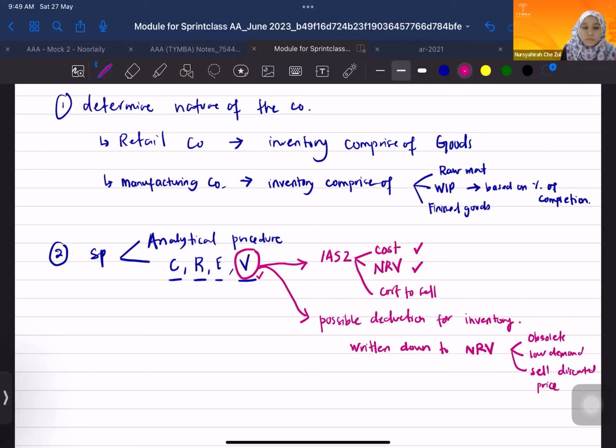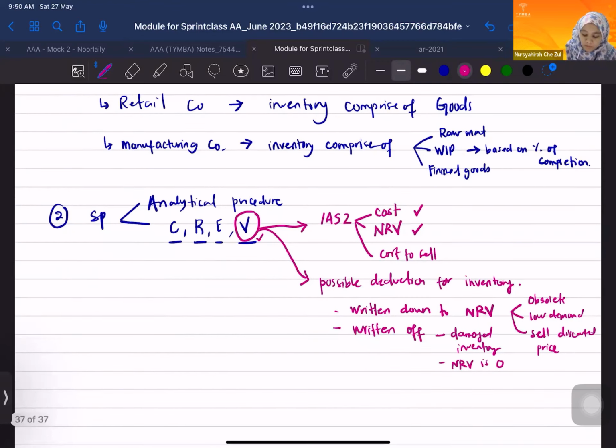So now the value has gone below the cost. What else? Maybe certain inventory should be written off. Written off means zero. This happens when there is damaged inventory, or if NRV is zero, meaning no one wants to buy it anymore. Then you should write off that inventory.